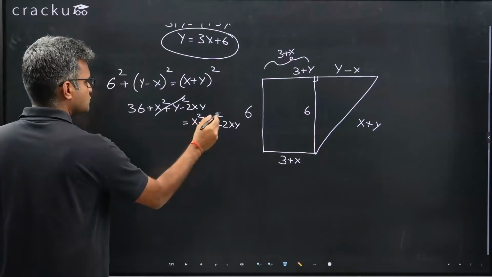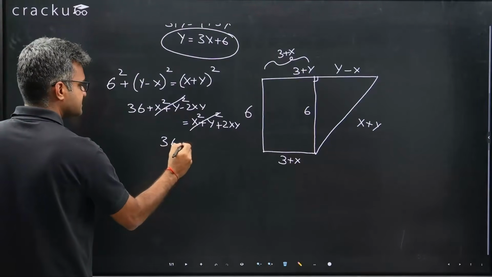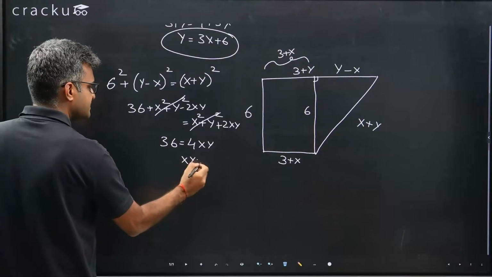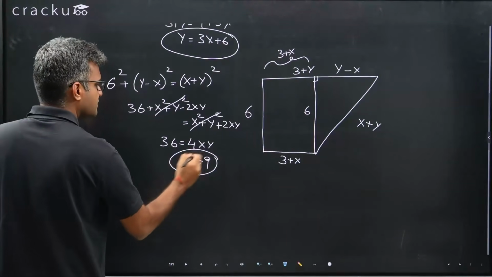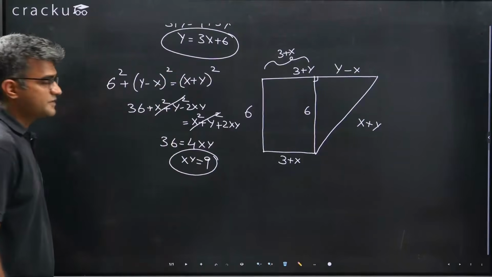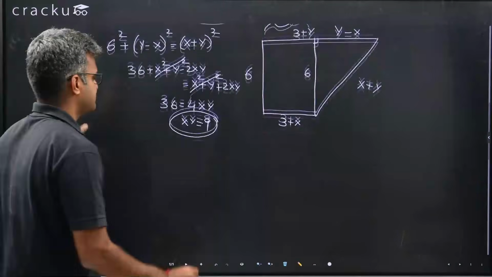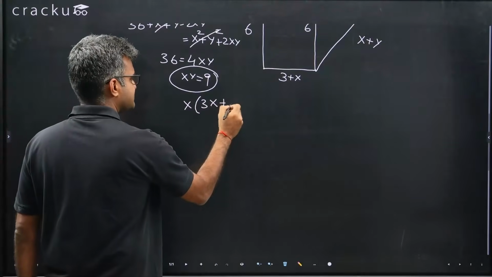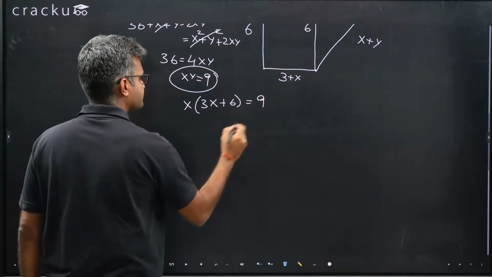You can cancel these two. So 36 is equal to 4xy, or the value of xy is equal to 9. But what is the value of y? y is 3x plus 6.